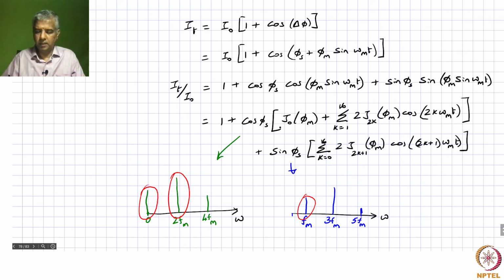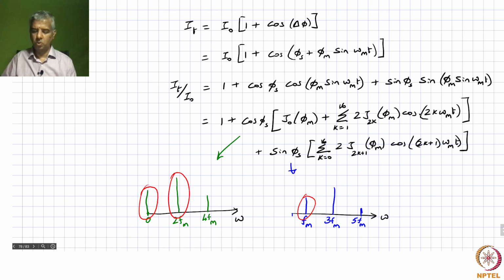Essentially, we would either use the DC component and your odd frequency components, and take the ratio of that to figure out your phi s, or you could also take what we did previously, which is 2 omega m signals.